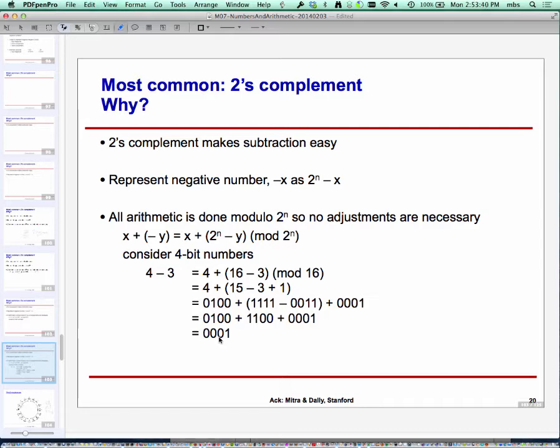Why did you do the second step? Why did I do the second step? Because 16 cannot be represented in 4 bits, right? So I broke it up as 15 plus 1. But then we have to ignore the carry out of the most significant bit. That is the modulo part here, right?